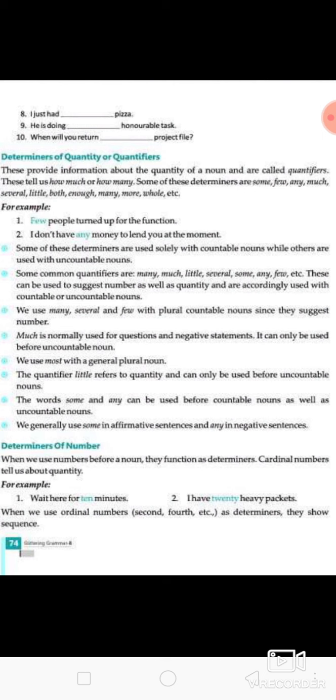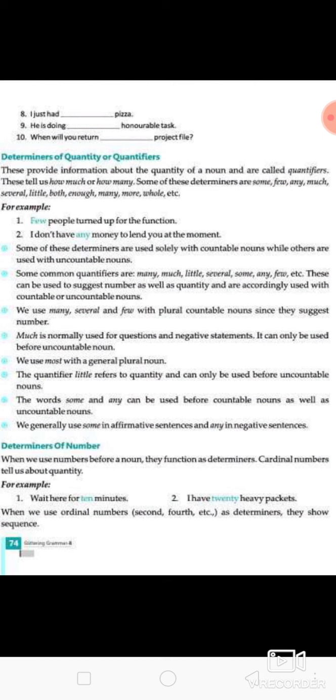Some of these determiners are used solely with countable nouns, while others are used with uncountable nouns. We can easily make it out. For example, you take some or much. Much we use for what is uncountable.